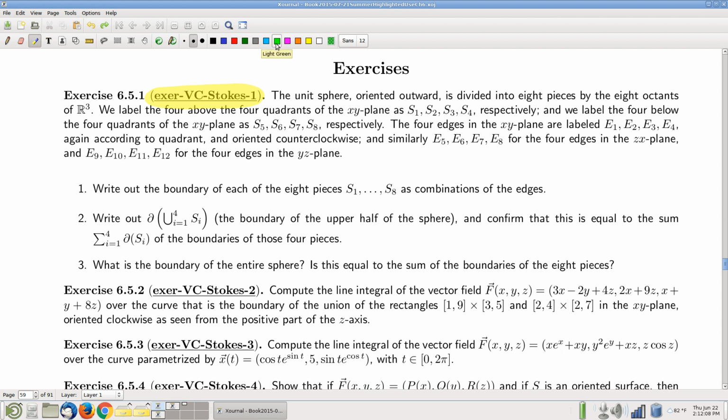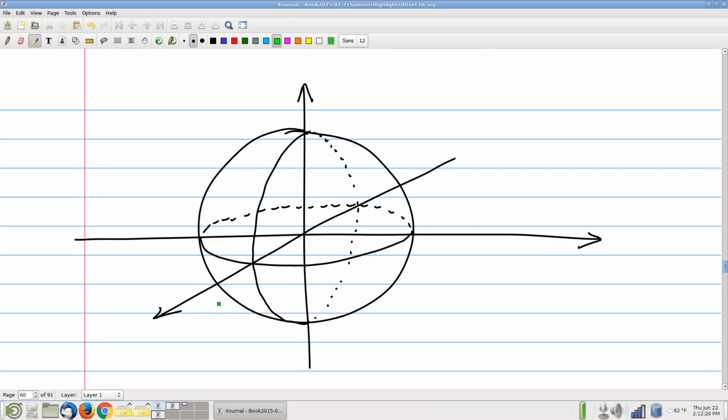So let's see here. The 4 above the 4 quadrants of the XY plane are 1, 2, 3, 4, respectively. Let me draw that, to some extent. Oh gosh, this is going to be tough to draw.